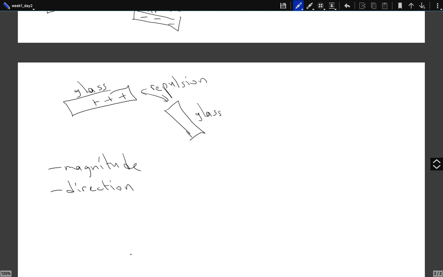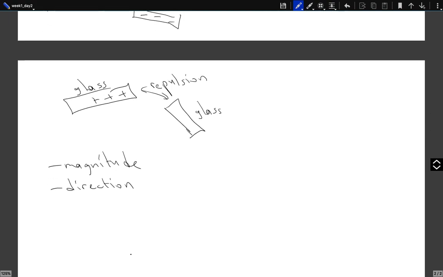Now, it also turned out that there are certain materials, metals in particular. Let's say you have a metal sphere, positively charged. Now, you can test whether it is charged or not by just bringing it close to a glass that is already charged. So if it is repelling the glass, then you know that the sphere is positively charged. If it is attracting, then it is negatively charged.